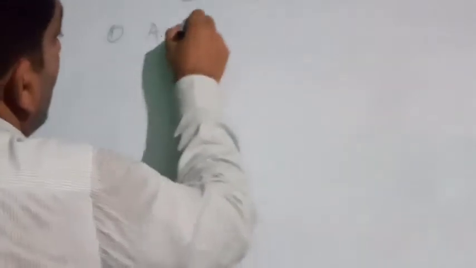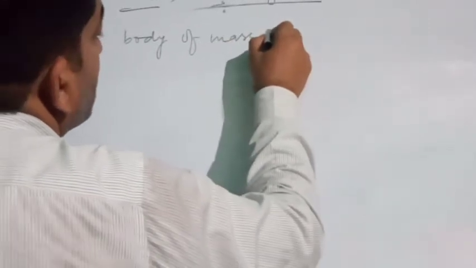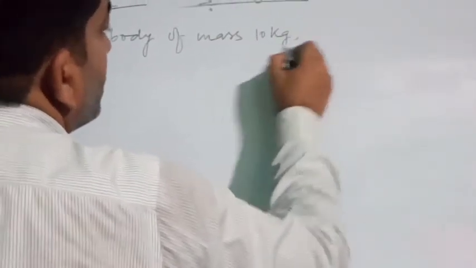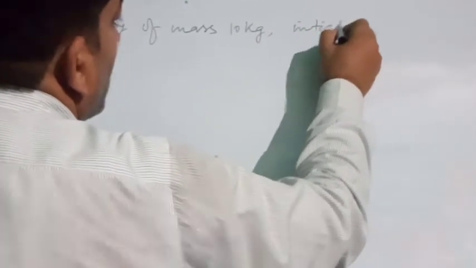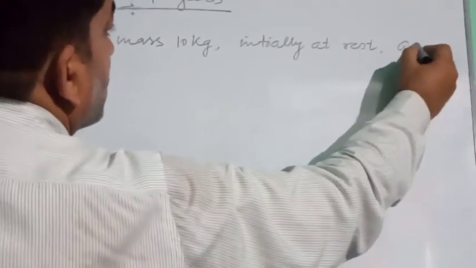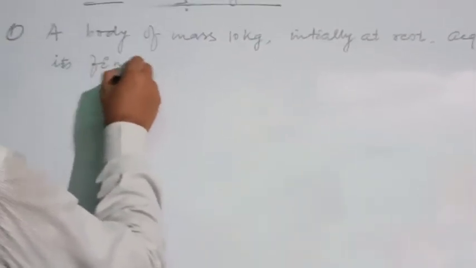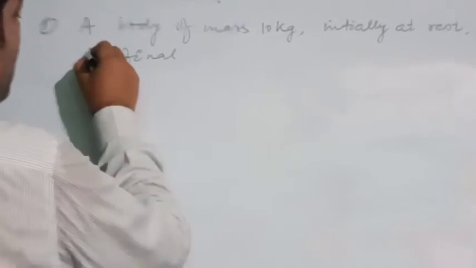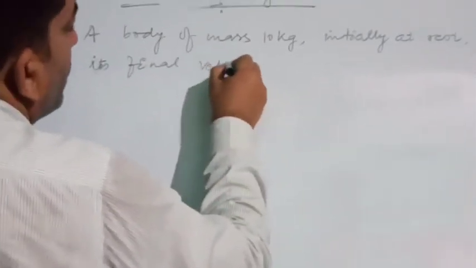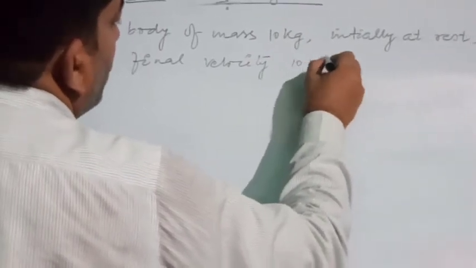Problem number 1. A body of mass 10 kg, initially at rest, acquires its final velocity of 10 meter per second.